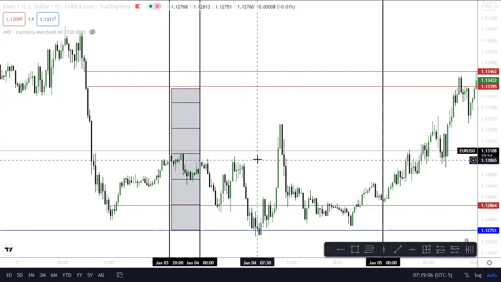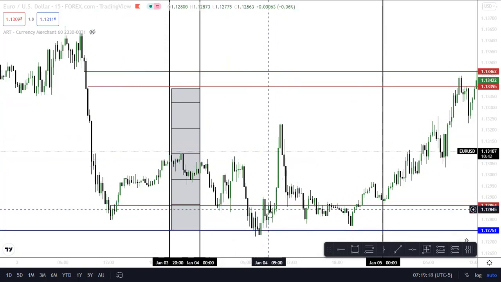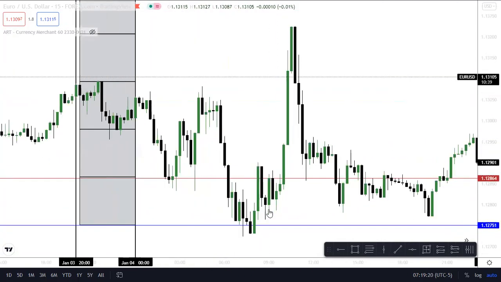You still need to have an entry plan or an entry model before you start trading random levels. Why should this level support price? All right, stuff like that.